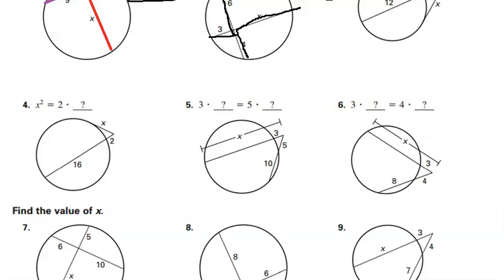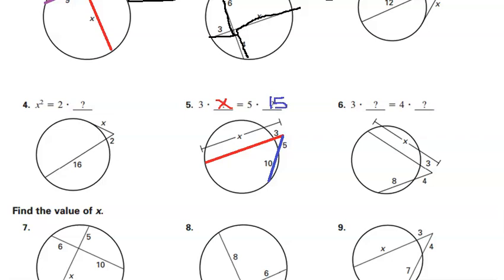On question number 5, let's start with the red segment right here. The outside is 3. The whole thing is x. Now, if you go to the blue segment, the outside is 5. The whole thing has a 5 and a 10, so the whole thing is 15.